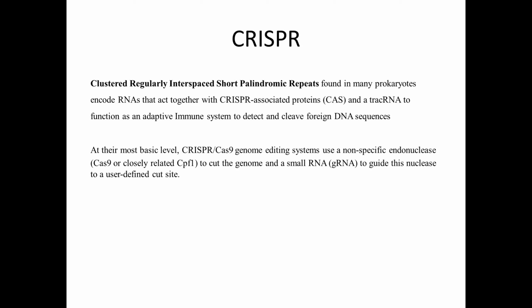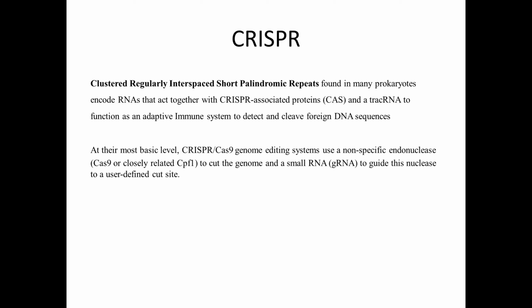Basically, this CRISPR array will produce the guide RNA, and those genes flanking the CRISPR array in the CRISPR locus will be producing the Cas9 protein. Also there is one more RNA molecule called tracrRNA, transactivating CRISPR RNA. That is also coming from a region within the CRISPR locus. So all these are required for the functioning of these CRISPR elements.